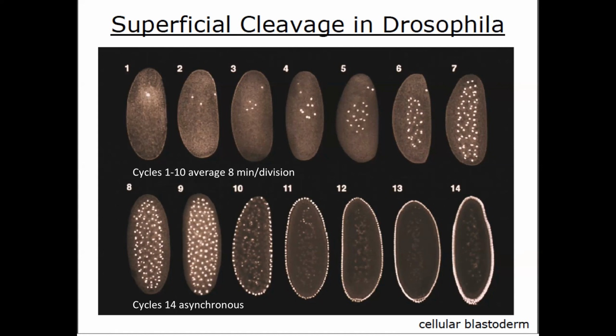Now, one of the key things that I will probably focus on here is, as these early nuclear divisions are happening, which are very rapid, around stage 8 or 9, a few nuclei get specified that'll become the pole cells.